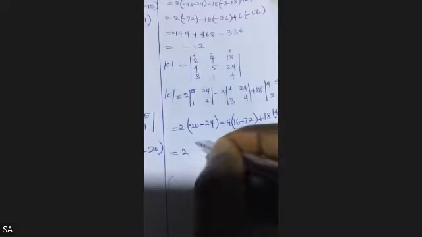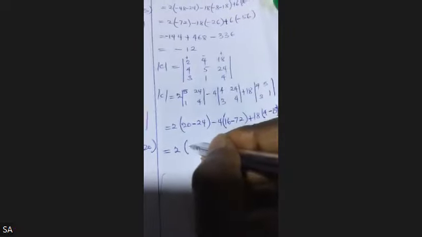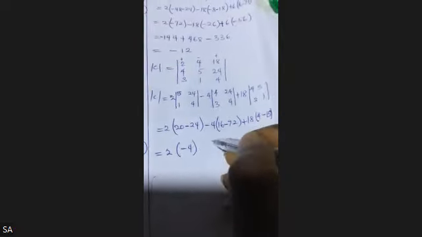Oh, sorry. 3 times 5 is what? 15. Okay, I'm very sorry, please. So this will be 2 into 20 minus 24, which is minus 4.